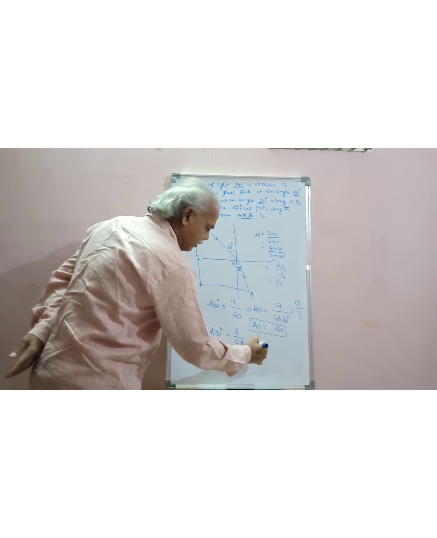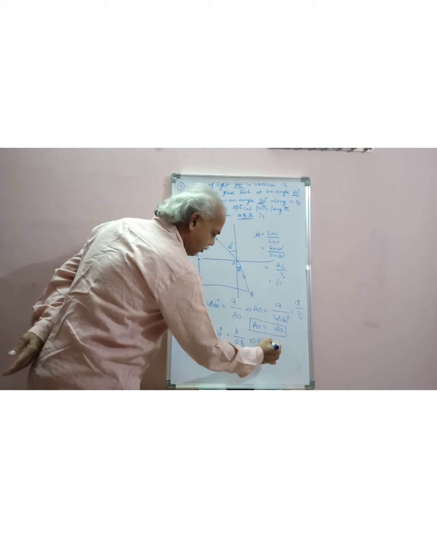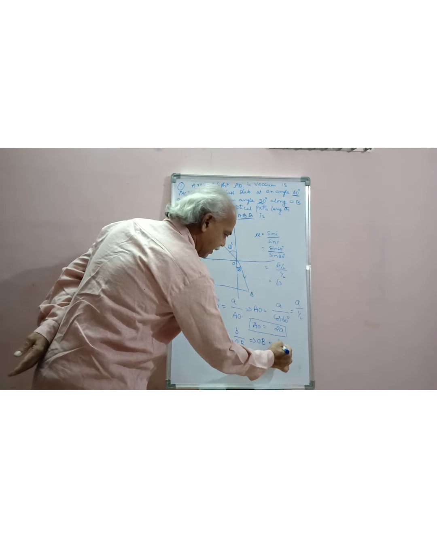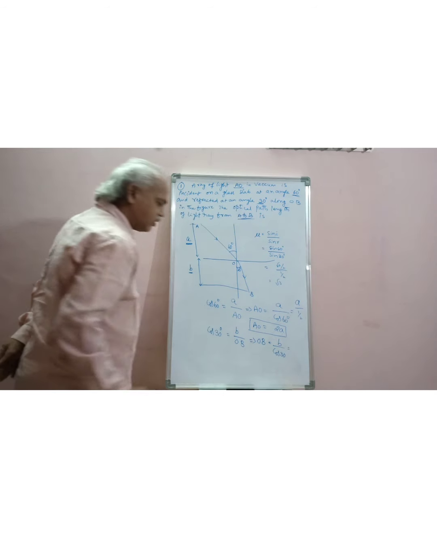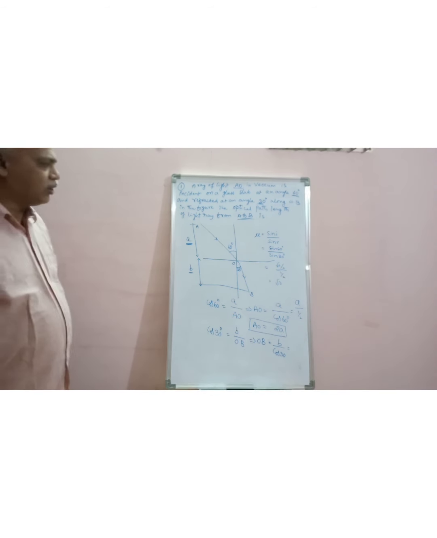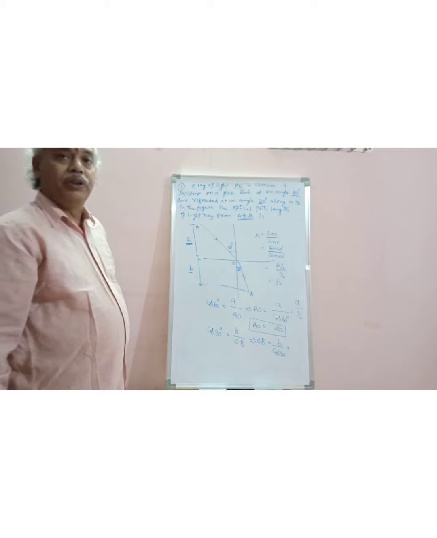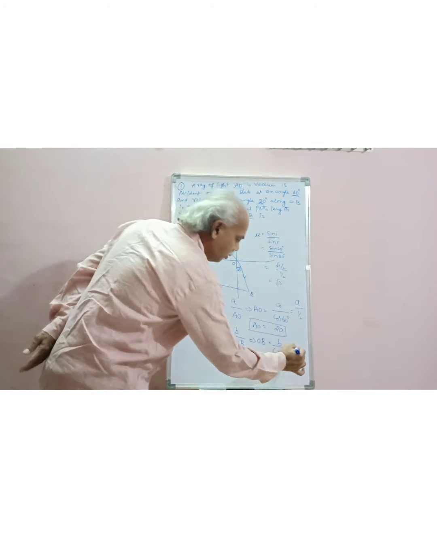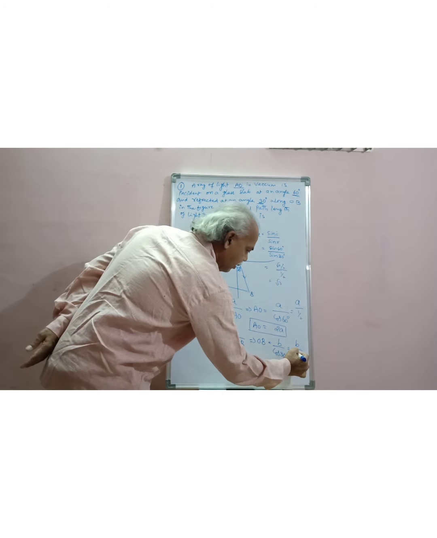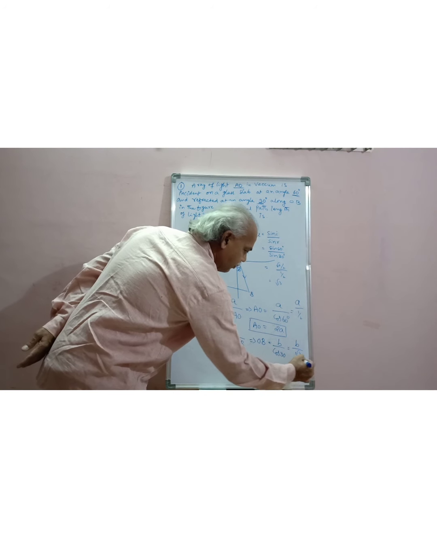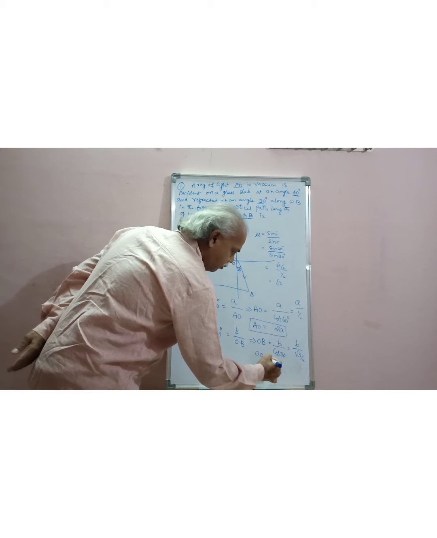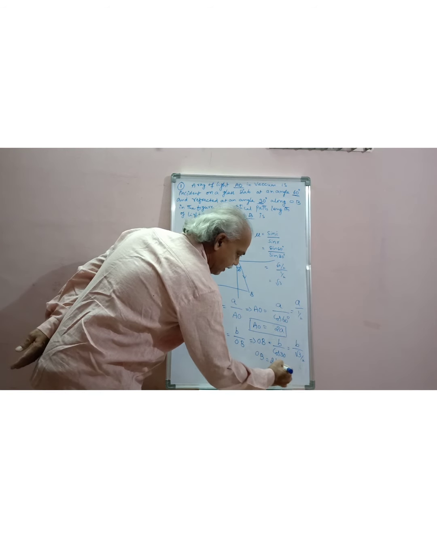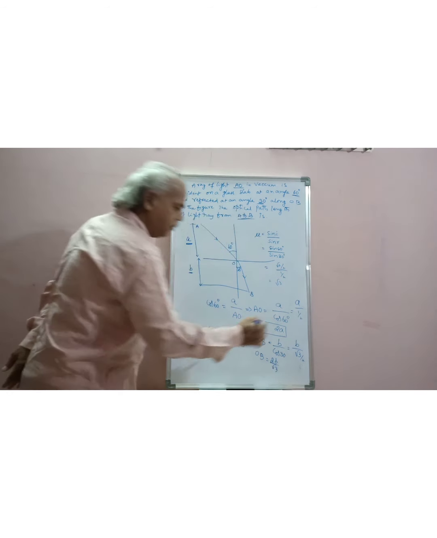That implies OB is equal to b by cos 30. Cos 30 value is root 3 by 2. So b by root 3 by 2, that implies OB is equal to 2b by root 3.